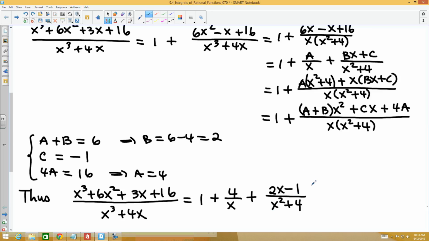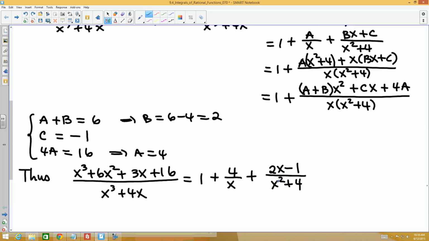But now you have an issue when integrating, because the derivative of x squared plus 4 is 2x, not 2x minus 1. So it's important for us to split this term as 2x over x squared plus 4 minus 1 over x squared plus 4. So that's what we do here.